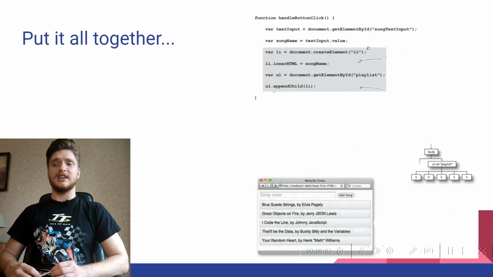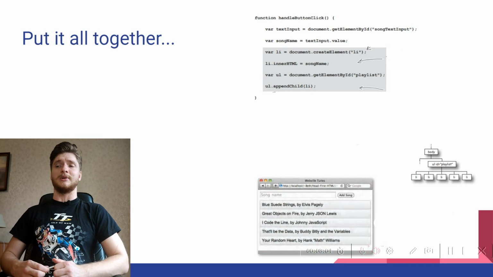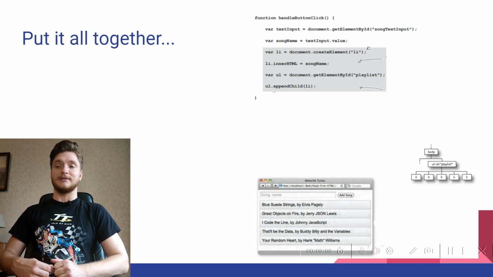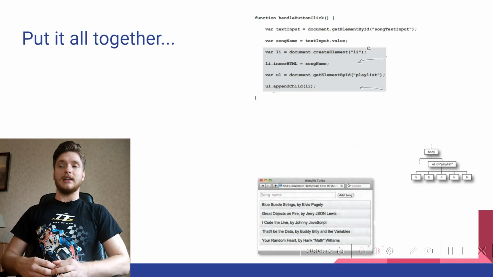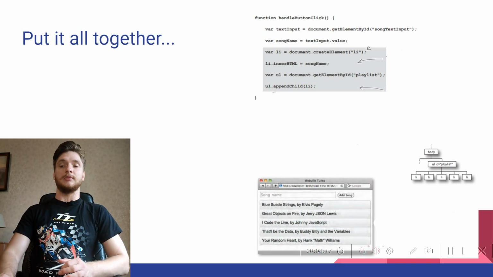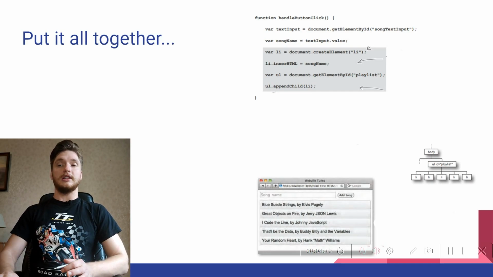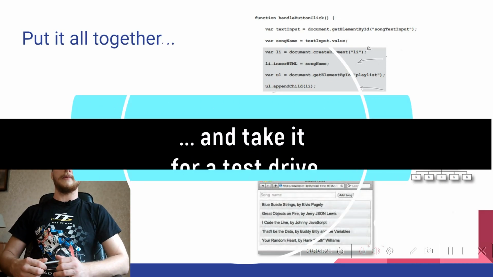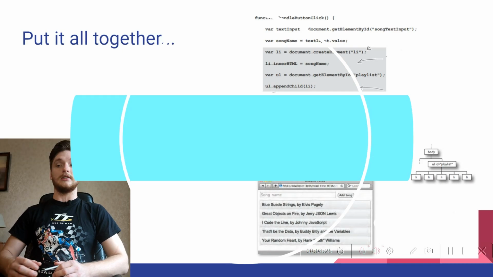The ul with the ID playlist is the parent element for our new li, so we get that next. Then, we add the li object to the ul using appendChild. Notice that we ask the parent element ul to add li as a new child. Take it for a test drive. Put it through its paces, add a few songs.